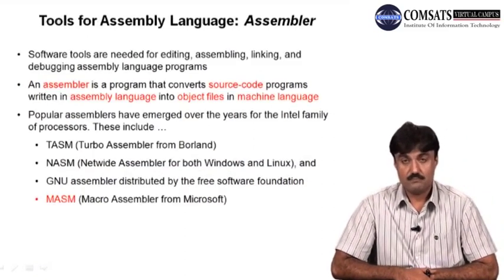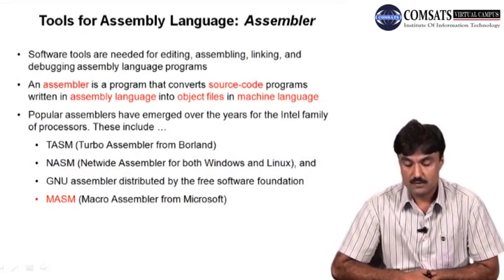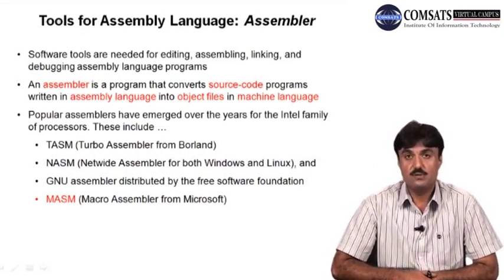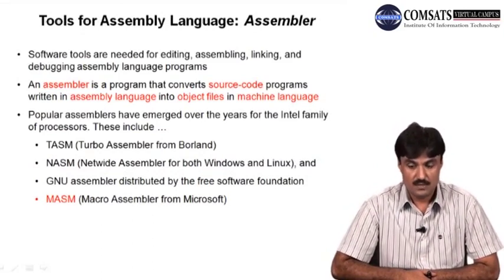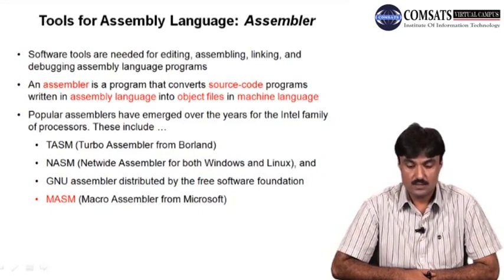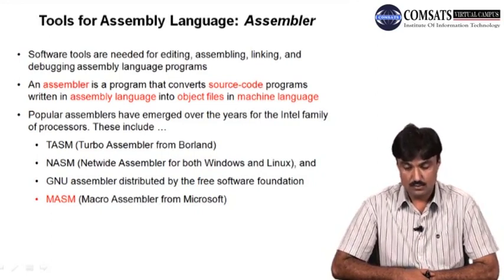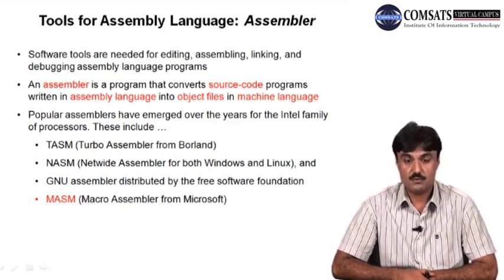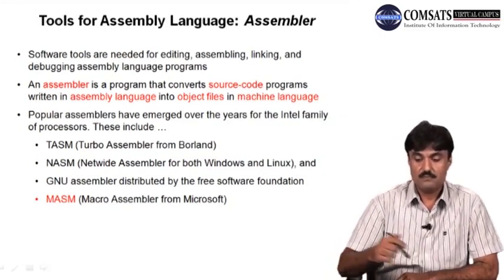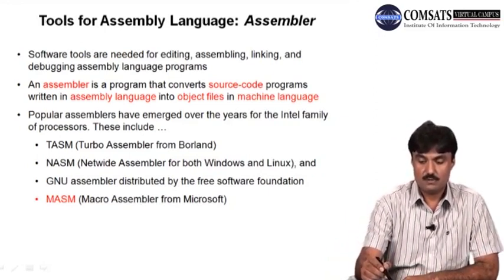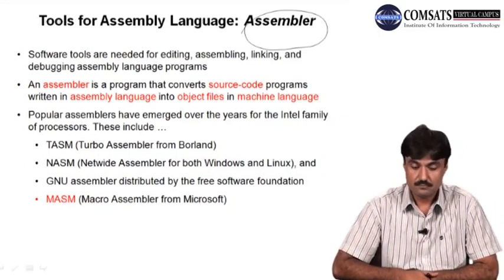Tools for assembly language programming. We need different tools to program in assembly language. These tools are software needed for editing, assembling, linking, and debugging assembly language programs. The more important tool is called the assembler.